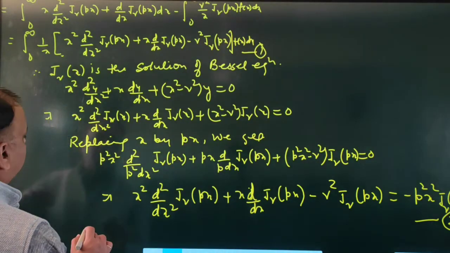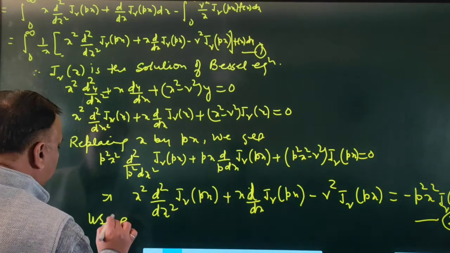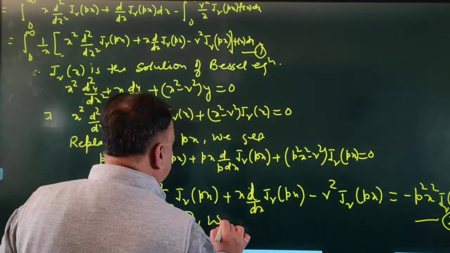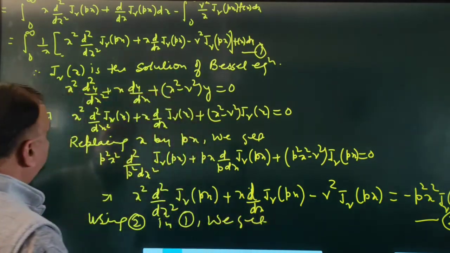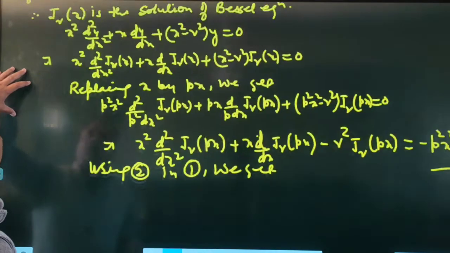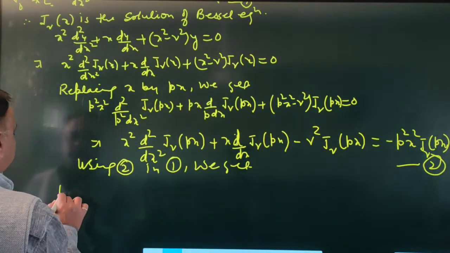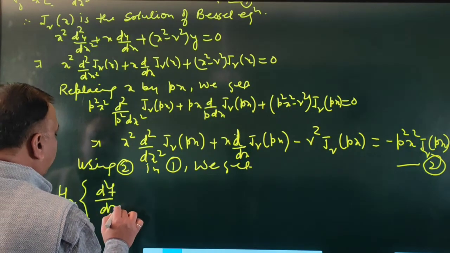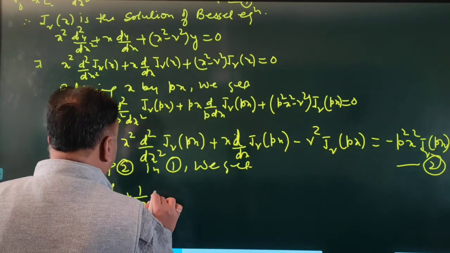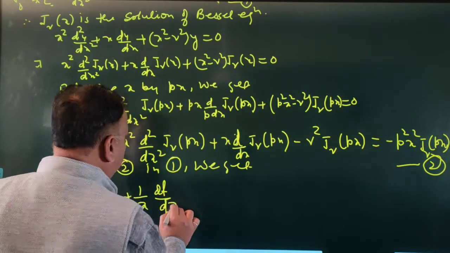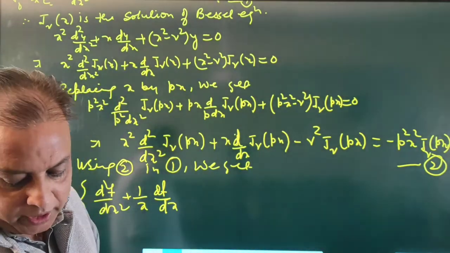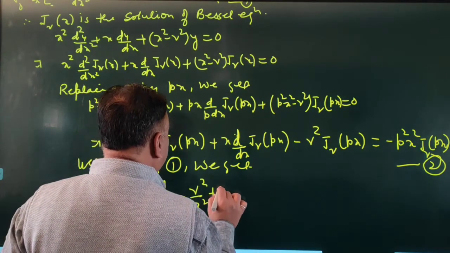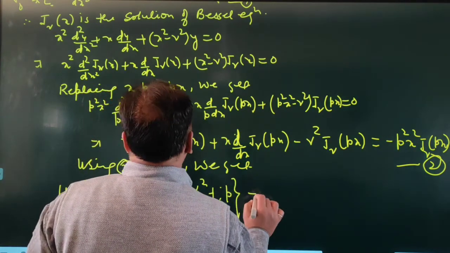So using 2 in 1, we get the Hankel transform H nu of d2f upon dx square plus 1 upon x df upon dx minus nu square upon x square f with respect to p. This equals this.